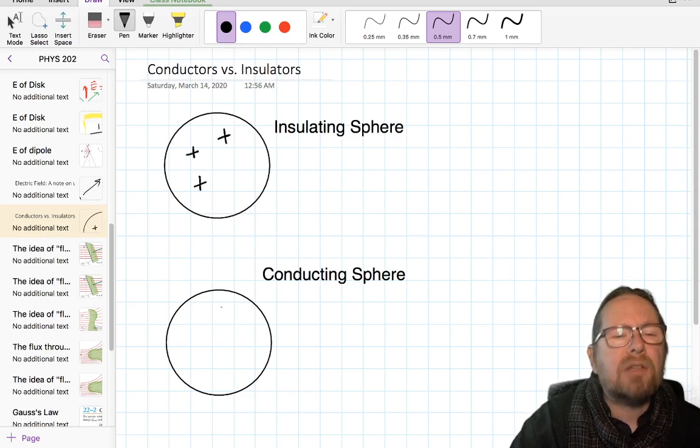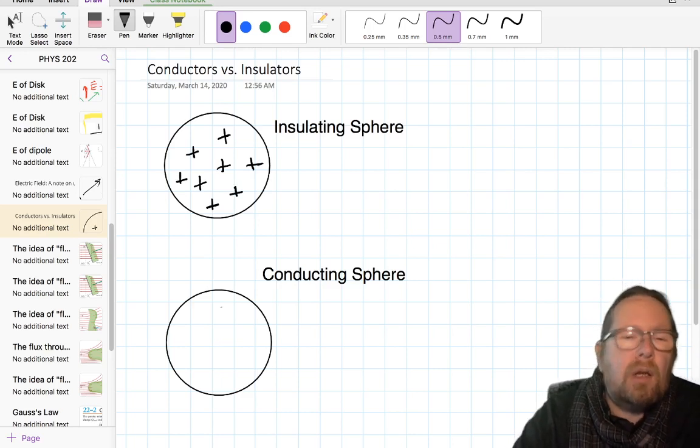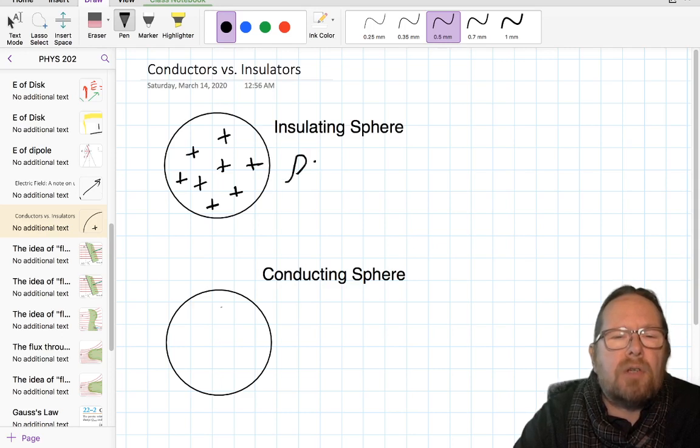So if we put excess charge on an insulating sphere, or in an insulating sphere, for example, that charge can be distributed throughout the volume of the object. And so this whole thing will have a volume charge density. We use a rho for volume charge density, charge per unit volume.